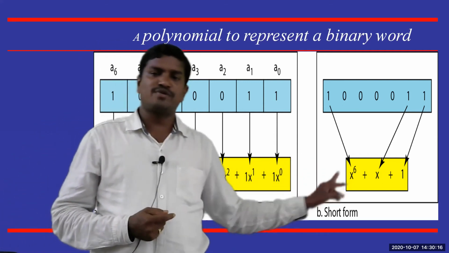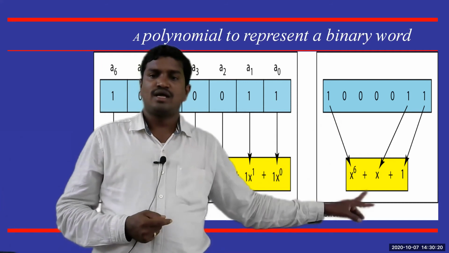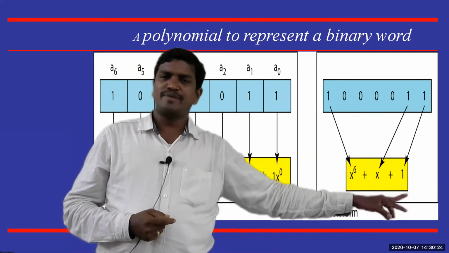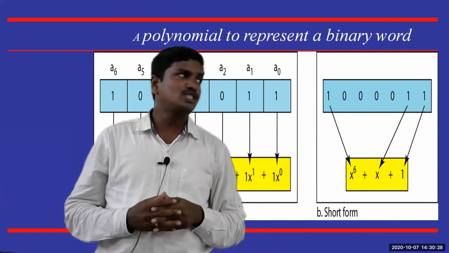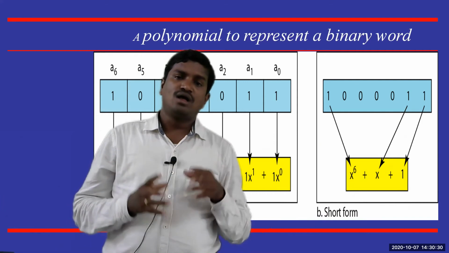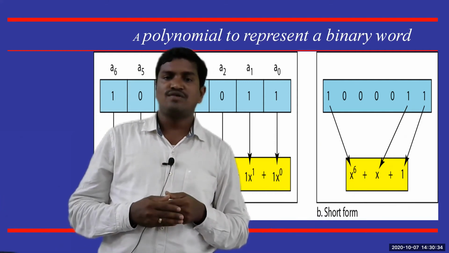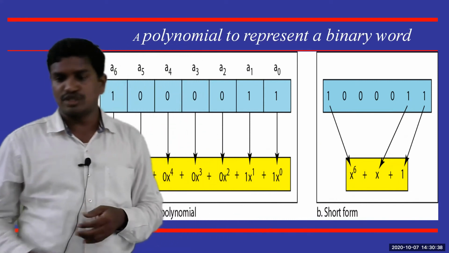If you observe this one, x power 6 means in the sixth place 1 is present. x power 1, at the first place 1 is present. 1 can be represented as x power 0, at the 0th place 1 is present. This way binary notation can be written in a shorter form with the help of polynomial notation. We will see some examples on polynomials also.